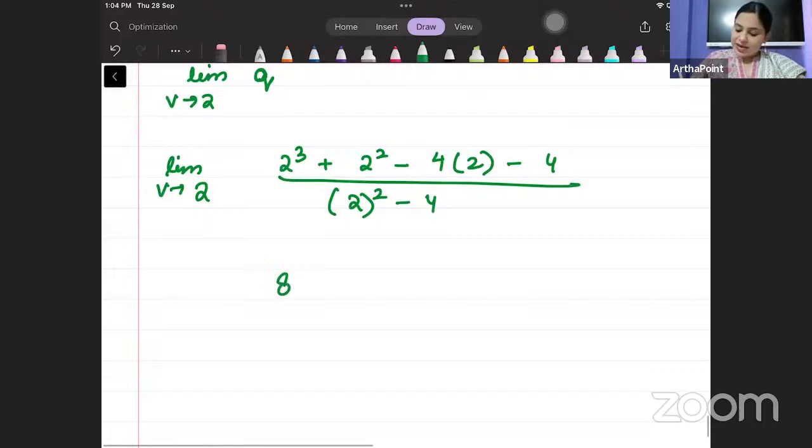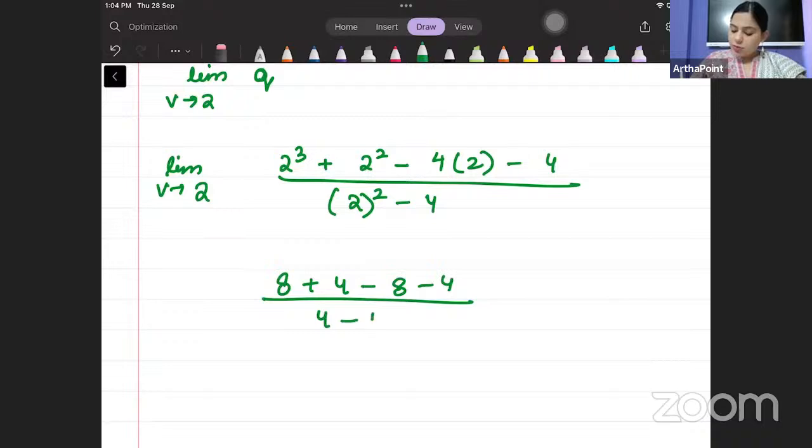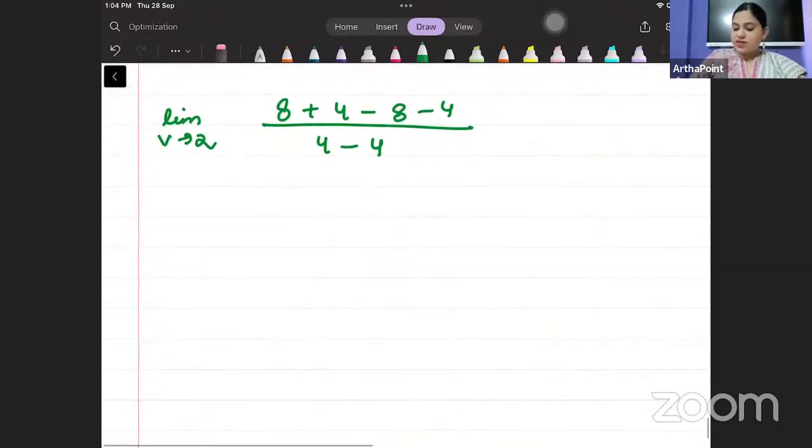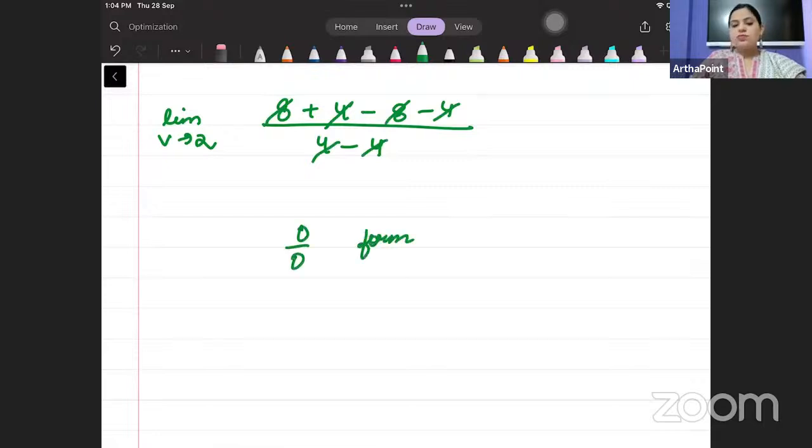So beta, this will be 8 plus 4 minus 8 minus 4 upon 4 minus 4, right beta? If I just solve this, I will get a 0 by 0 form. So this function is giving me a 0 by 0 form, and since I'm getting a 0 by 0 form, it implies that this function is not defined at v is equal to 2.